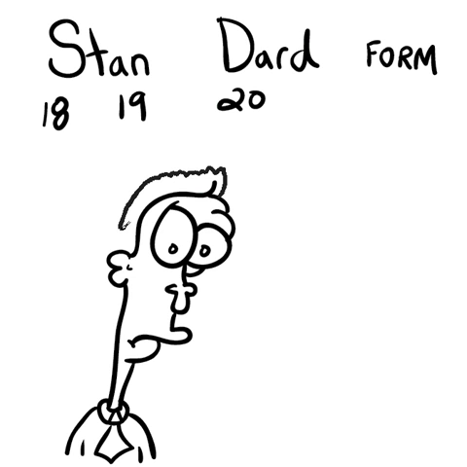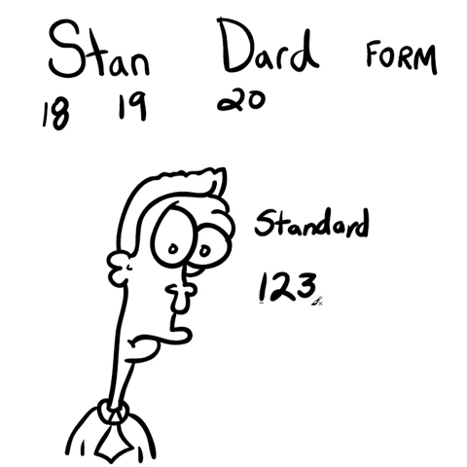Nothing exciting at all about him. There he is, standard. And you want to get the idea that standard means kind of the normal form or ordinary, everyday form of writing a number. So like 123 is standard form.